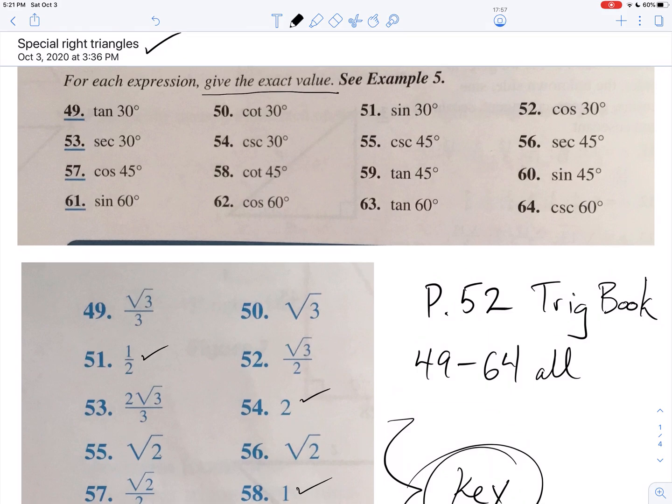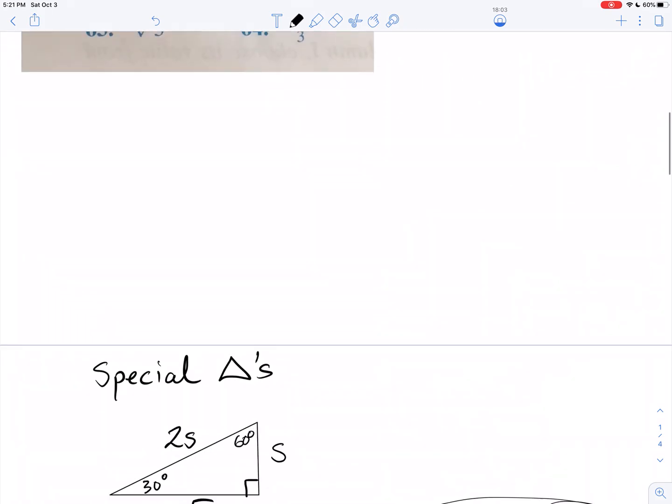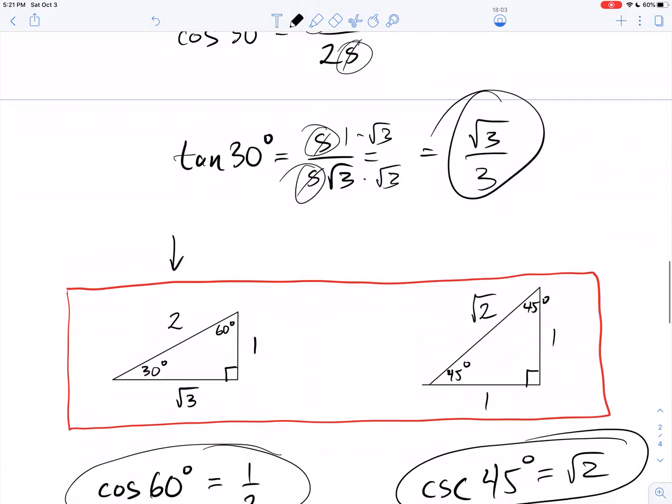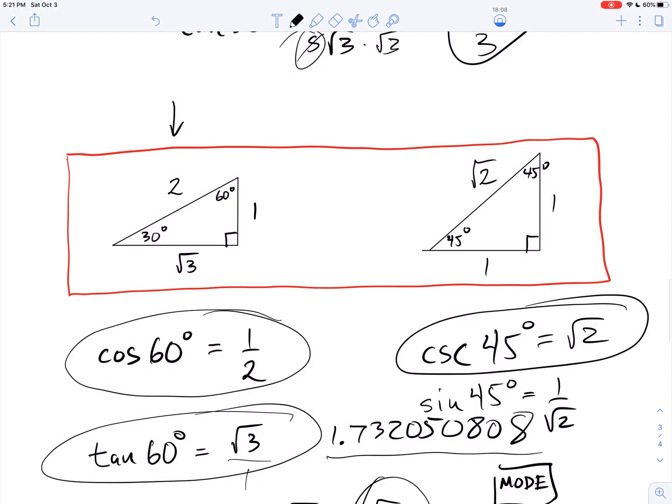So look at our questions. What's the tangent of 30? Guess what? You're going to look at this reference triangle. If you haven't already jotted this down in your notes, anytime they ask me about a question that has a 30 or a 60 in it, I'm going to look right here. Tangent of 30, it's 1 over rad 3.